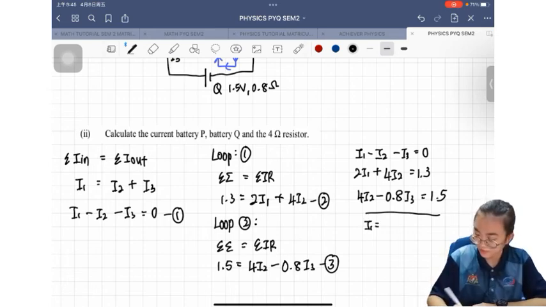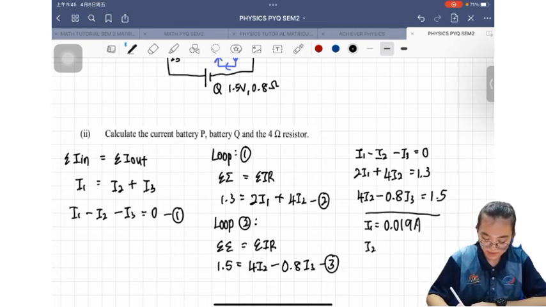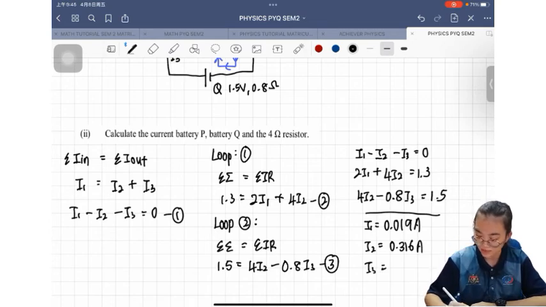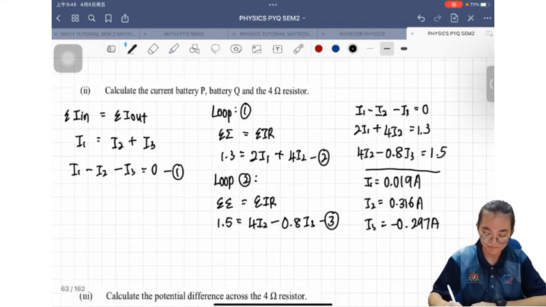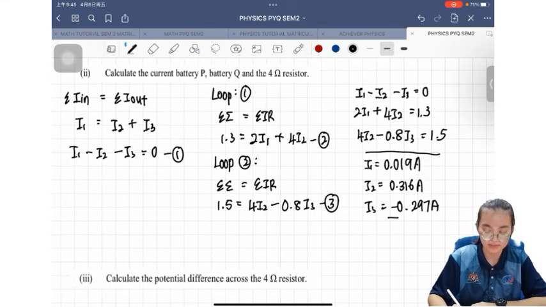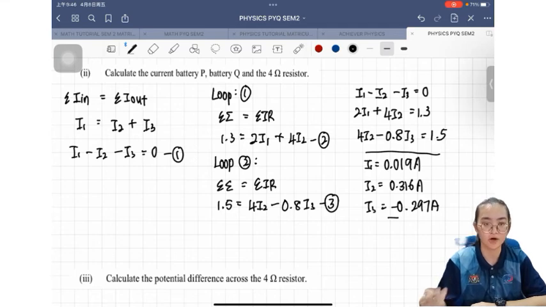And then we can use the calculator to find the currents. I1 is equal to 0.019 ampere, I2 equal to 0.31 ampere, and I3 equal to negative 0.297 ampere. Negative means that the direction is opposite.